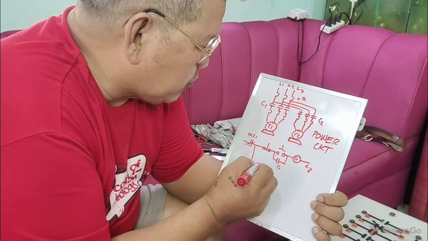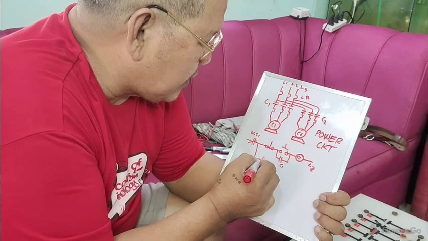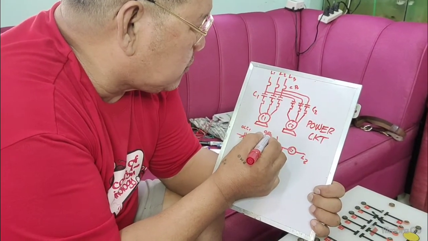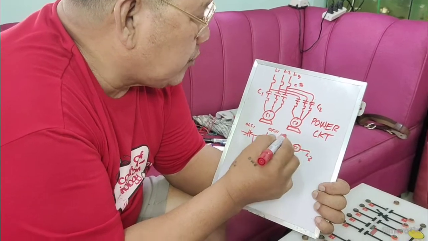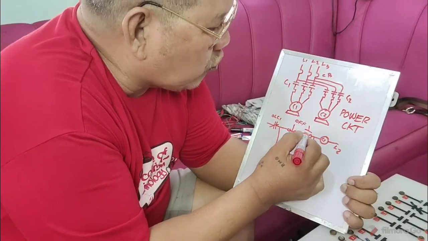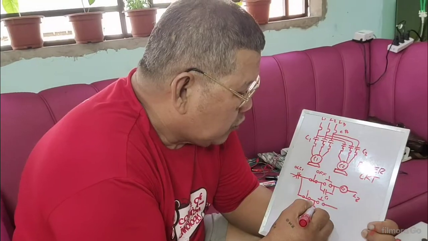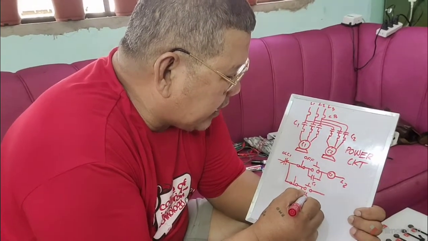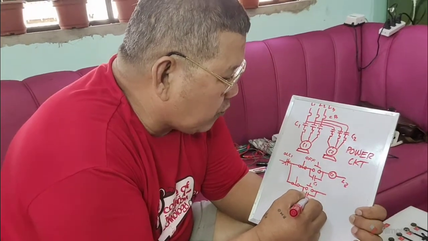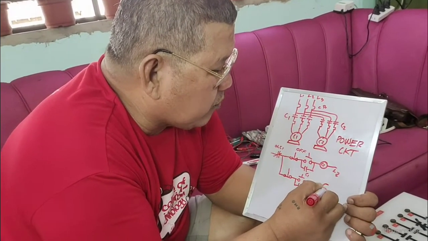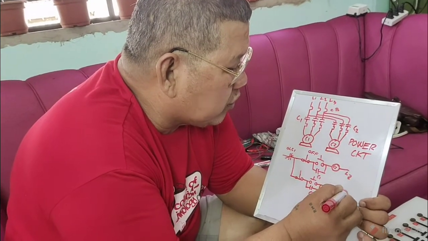We have another push button here, the stop, which is the off button for conveyor number 1. Then this is the start button for conveyor number 2. This is also your maintaining contact for conveyor number 2, then you have your conveyor number 2 holding coil.